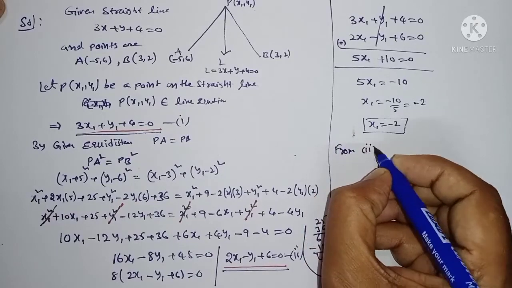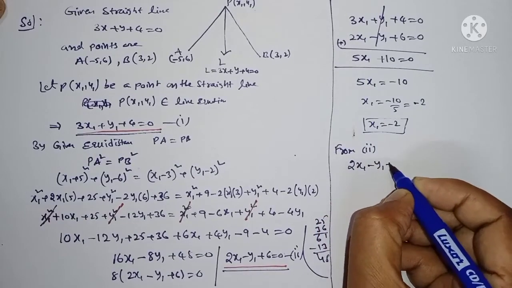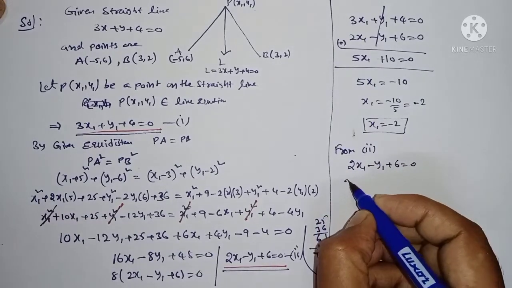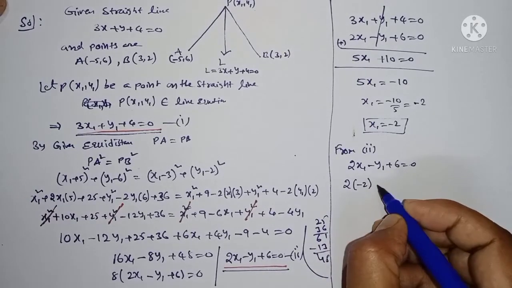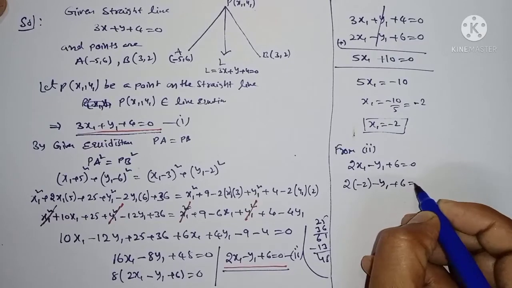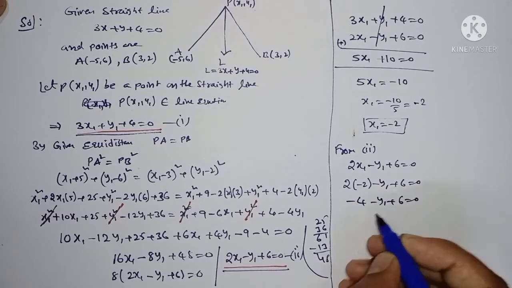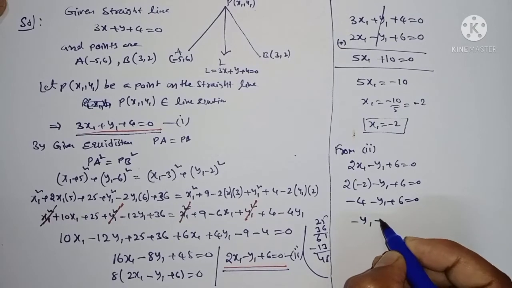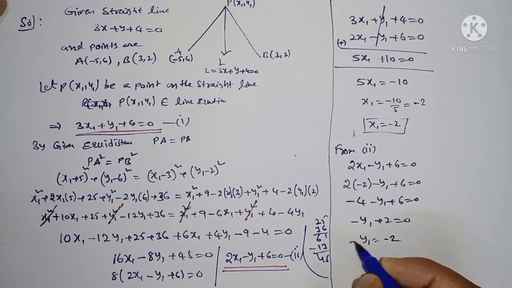from the second, what you have is 2x1 minus y1 plus 6 is equal to 0. Therefore 2 of minus 2 minus y1 plus 6 is equal to 0. Minus 4 minus y1 plus 6 is equal to 0, so minus y1 plus 2 is equal to 0, y1 is equal to 2 only.